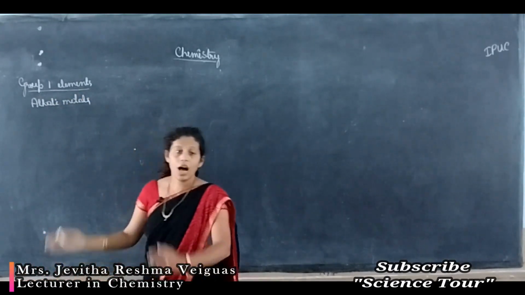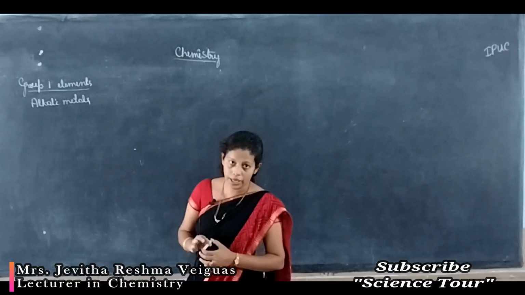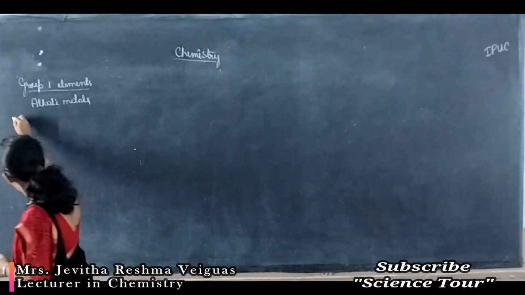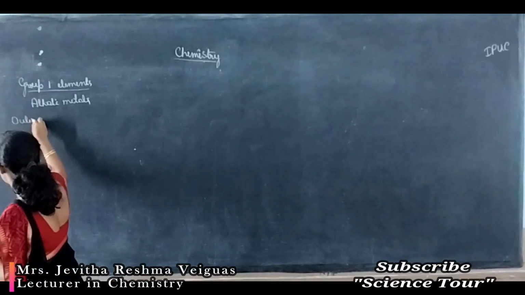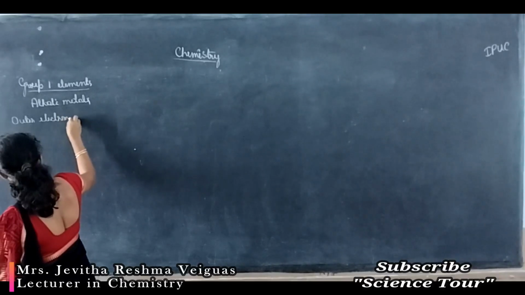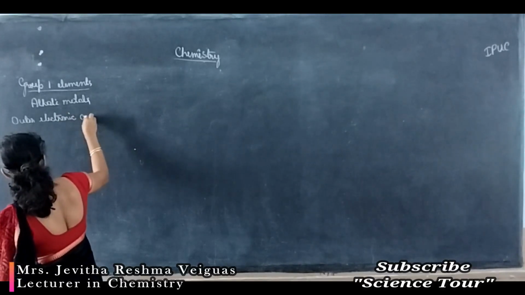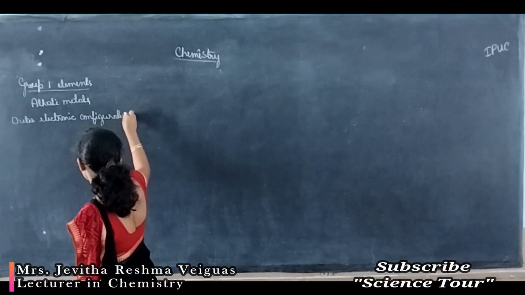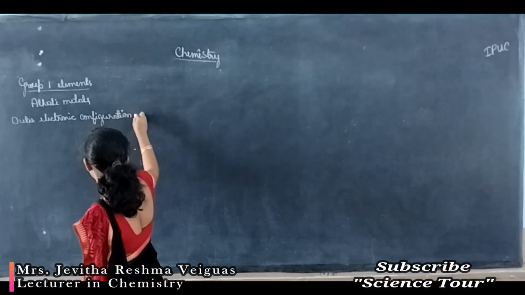These elements are present on the extreme left side of the periodic table. The outer electronic configuration of these alkali metals is ns1.